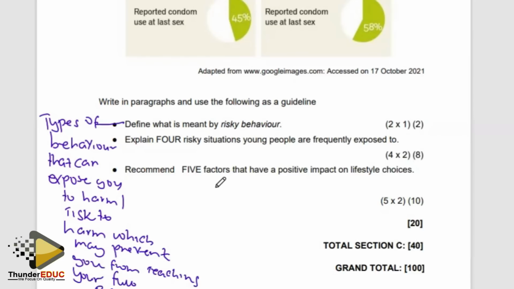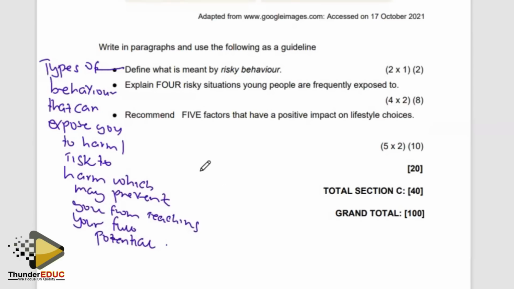Okay, then let's go to explain 4 risk situations young people are frequently exposed to.